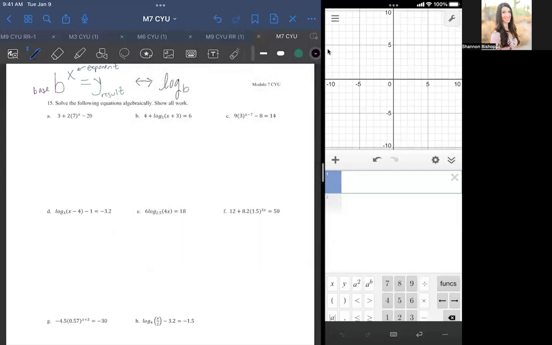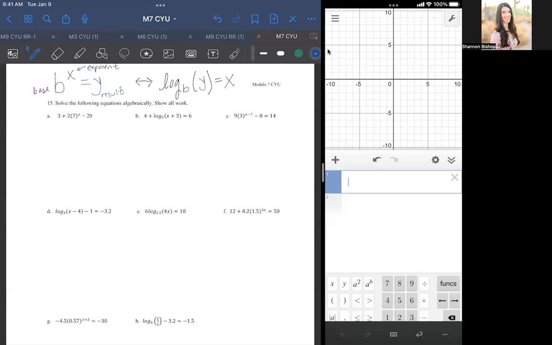And then since it's the inverse, what you input to the logarithm is the exponential result you're trying to achieve. And what the logarithm statement then does is it spits out the exponent that makes that happen. So these are the inverse relationships between exponentials and logarithms, and we're now going to use that in order to solve, well, all of these questions.